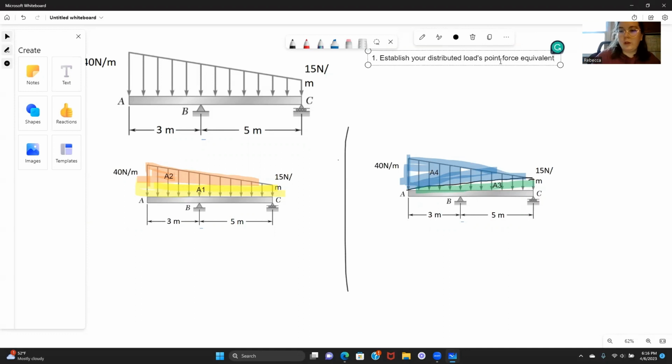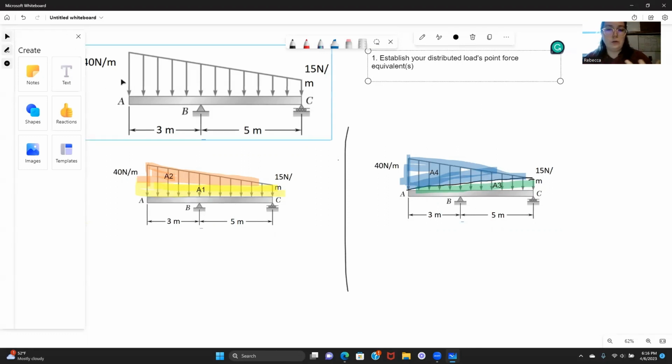We're going to start with point force equivalent(s). Depending on how the question is phrased, you may need to find the equivalent force for the distributed load, or if the question just asks for reaction forces, if we come up with 2 point force equivalents, so we would have 1 point force equivalent for A1 and 1 for A2, in this case we could solve the problem using that without finding their single point force equivalent.